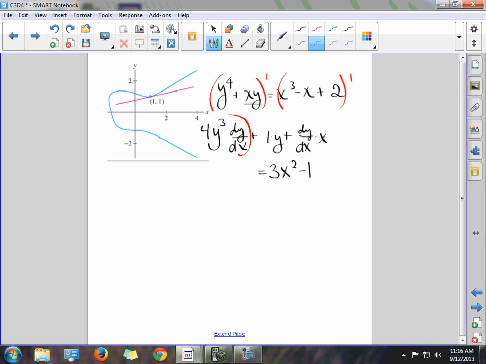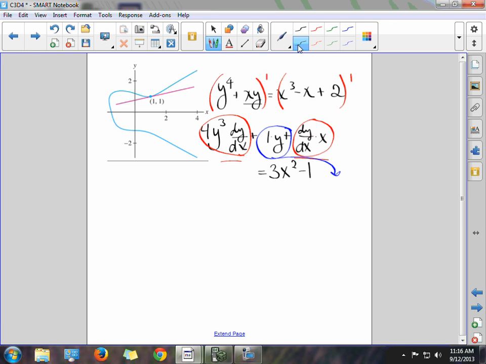So let me see what I have. This has a dy/dx. This has a dy/dx, right? And I'm actually just going to leave these two things on the left-hand side, and I'm going to take this and move it over to the right-hand side.